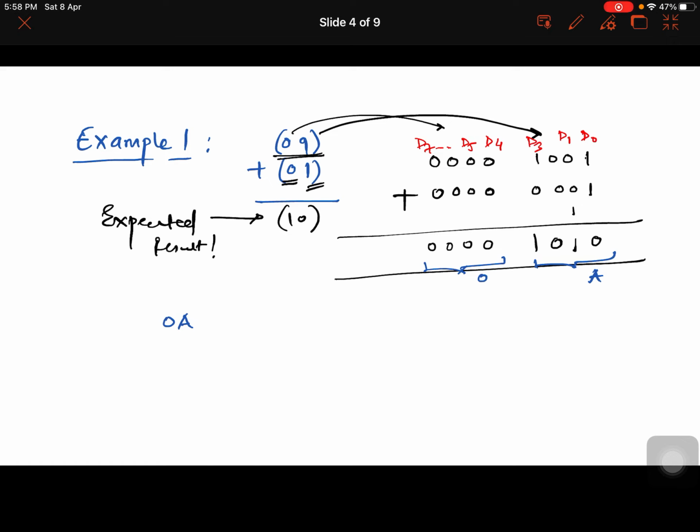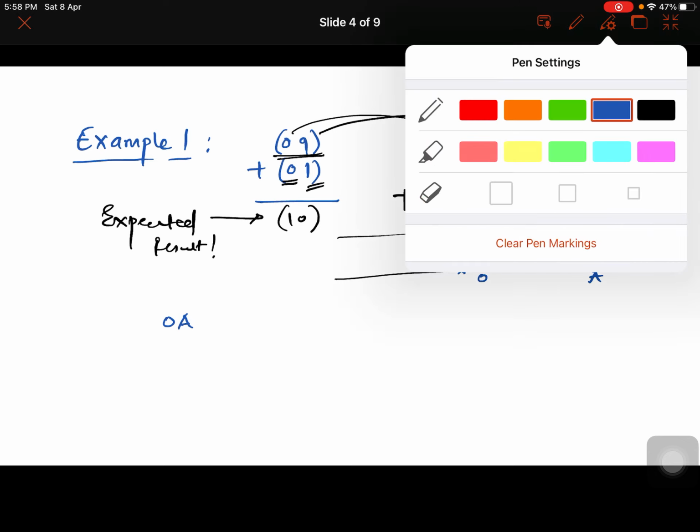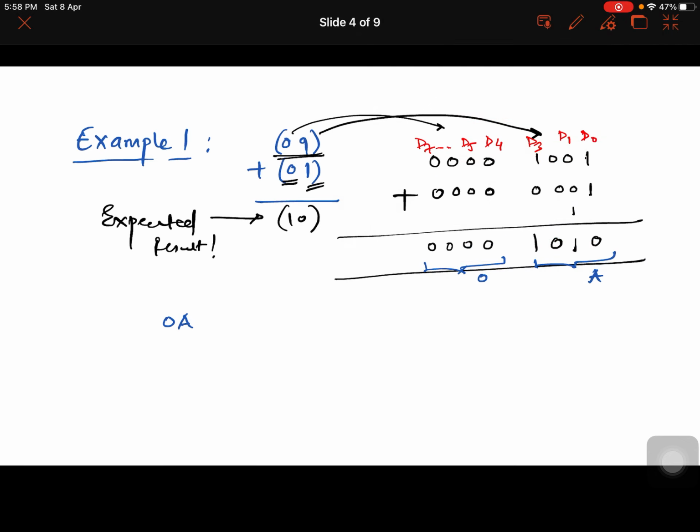Before that, I'll just write a simple code to perform this. First of all, I'll load 09 in AL register. Every number should be treated as hexadecimal, so I'm writing H here. Then we have, let's say, MOV BL, 01H. So I have loaded 09 and 01, my first two numbers. I need to add them, so I write the ADD AL, BL instruction.